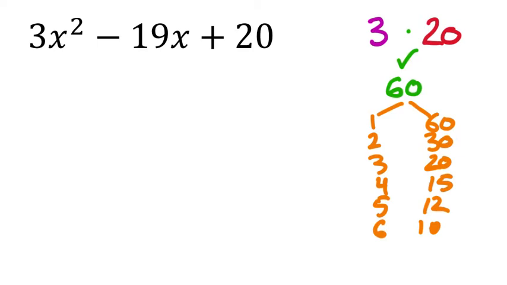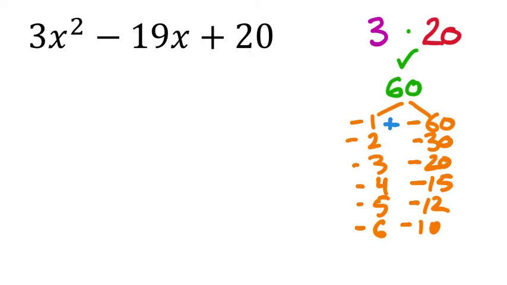So we got all these factors, but we need to add them together, and we need it to be negative 19. The problem here is that these are all positives, so whatever I add together will always give me a positive value. So I have to make these their opposites, negative values. With some experience this would happen faster for you.